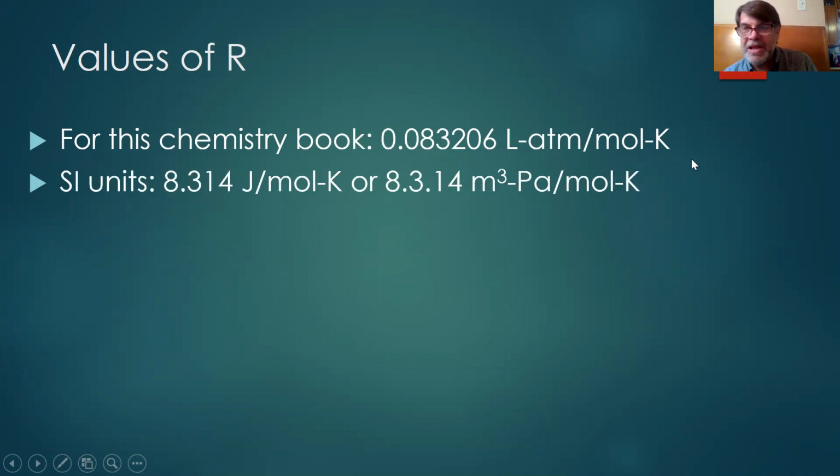However, the standard unit is more common, and the physics book that I'm going through uses 8.3 joules per mole Kelvin, or if you use pascals, 8.3 cubic meter pascals per mole Kelvin. Okay, so very important when you're doing problems is to make sure that you're using the right value of R, and that the units all agree with each other.